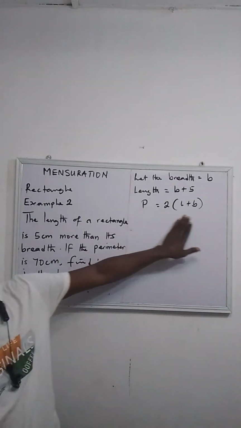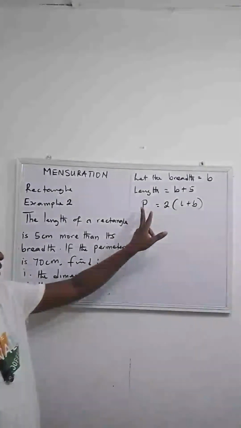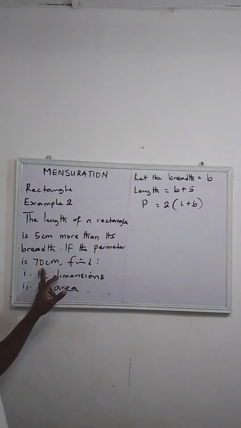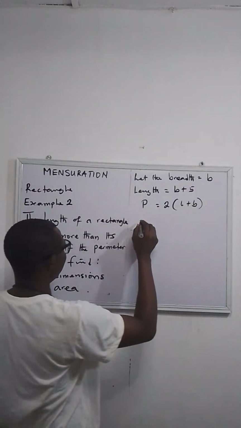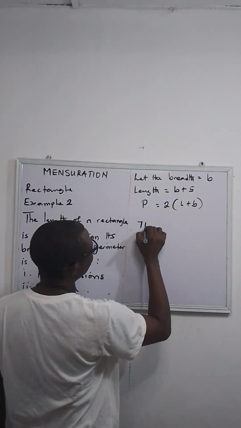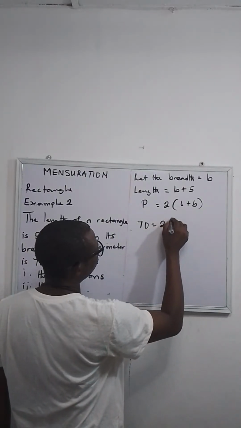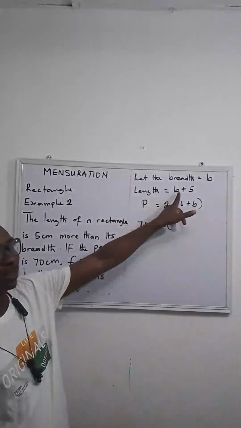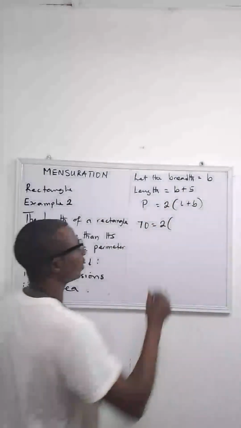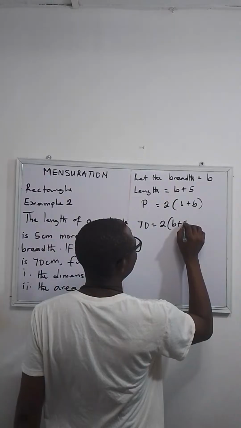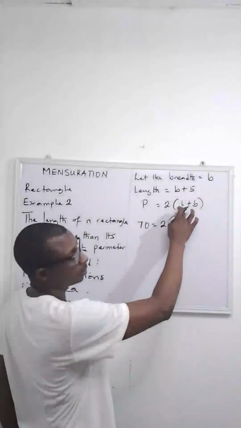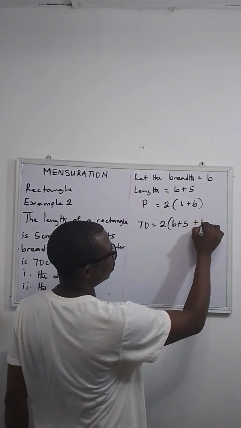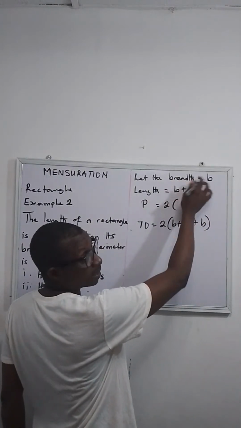The perimeter has been given to be 70, so let us just plug it in. We have 70 equals 2 times the length. Now the length is b plus 5, so we have b plus 5 representing this L, plus b. The breadth is b.